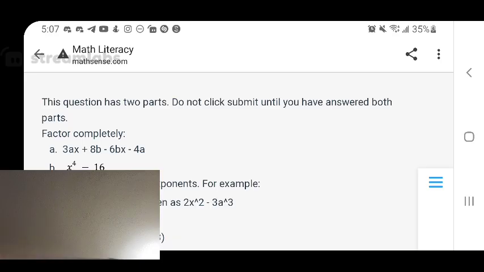Part A, I factor out x, you get 3a minus 6b plus 8b minus 4a. Did I factor out a also?